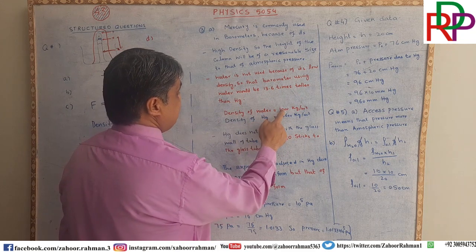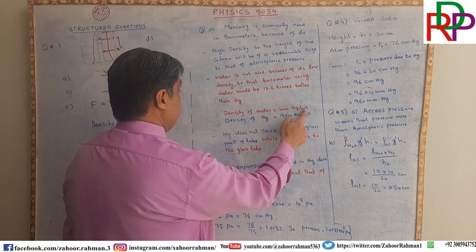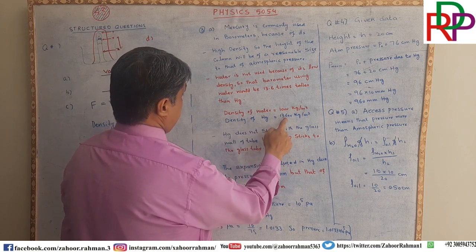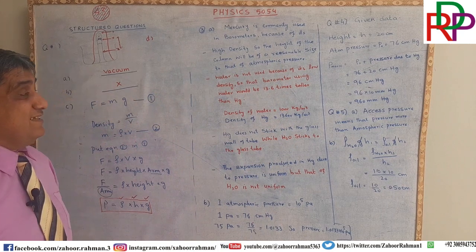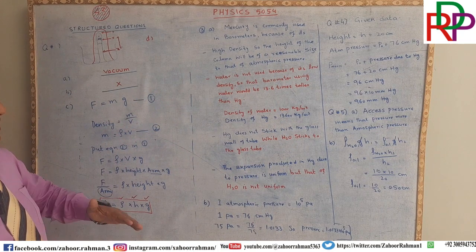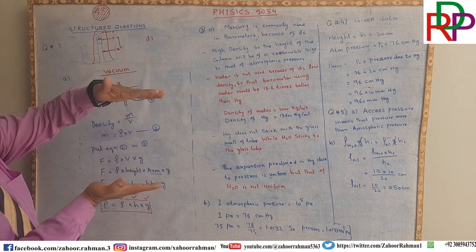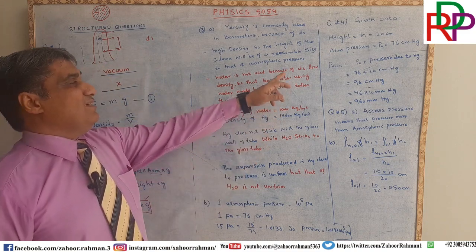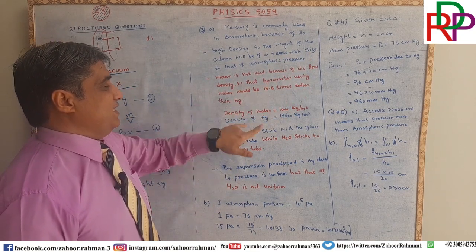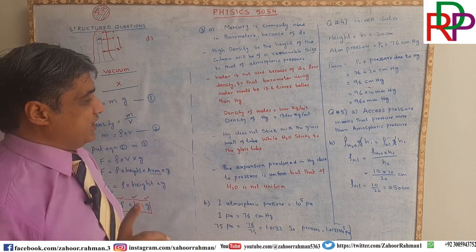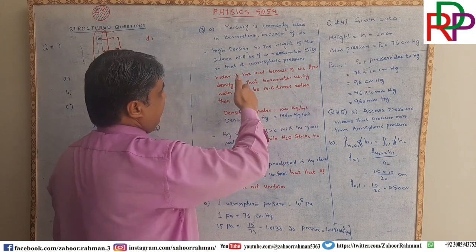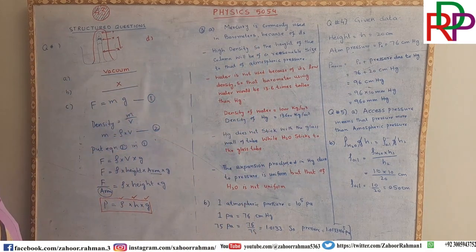Because the density of water is 1000 kilogram per meter cube, and the density of Hg is 13600, so it means 13.6 times taller than Hg. So the mercury barometer will be of reasonable size, while if we use water inside it, it will be 13.6 times taller than that of Hg. This is the one reason.